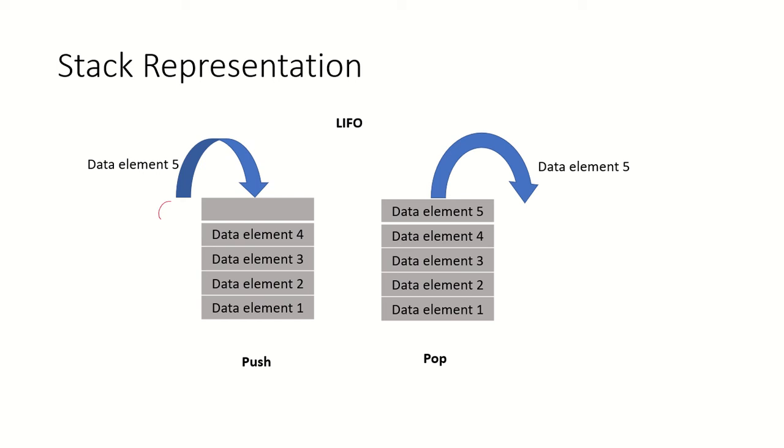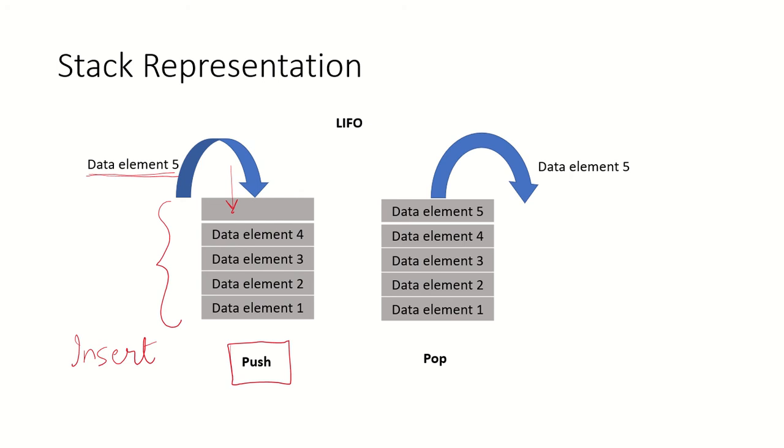So let's look at this representation of the stack. If this is the stack currently and we want to insert an element in the stack, we can add it only from the top. So if data element 5 has to go in the stack, it will go from the top, and this operation is also referred to as a push operation.